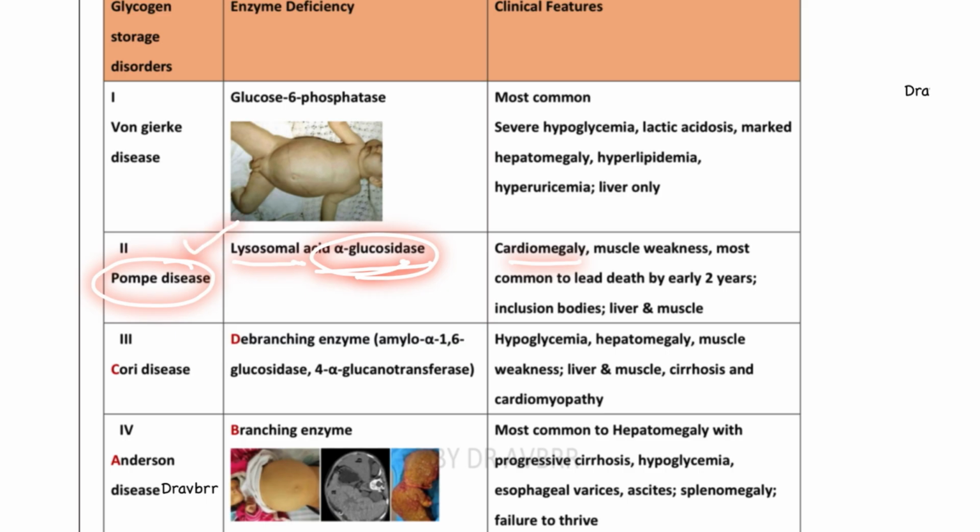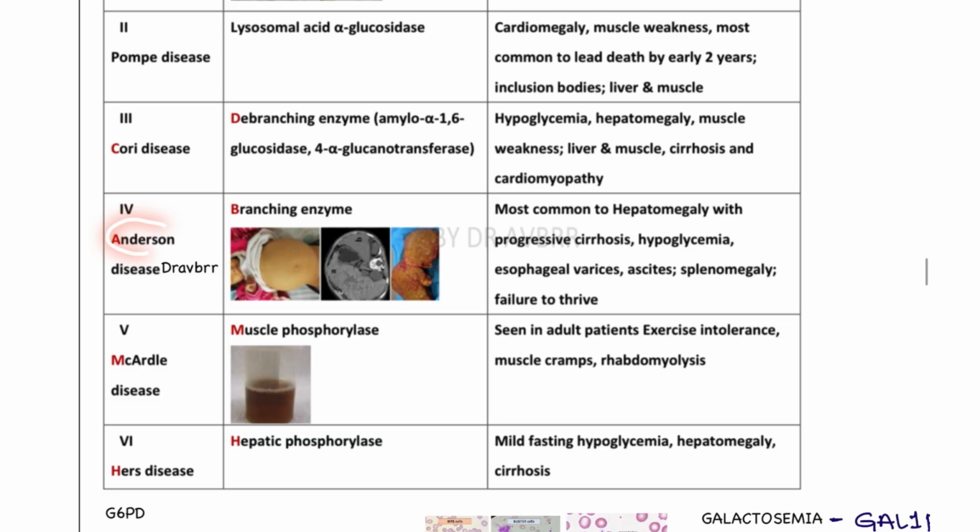If you see cardiomegaly, think Pompe: you have 4 chambers to pump, right? Pompe pump. Cardiomegaly is likely in this patient. Next, Cori's, C and D, the debranching enzyme, with hypoglycemia and cirrhosis. Anderson disease, the branching enzyme, most commonly has hepatomegaly with progressive severe cirrhosis.